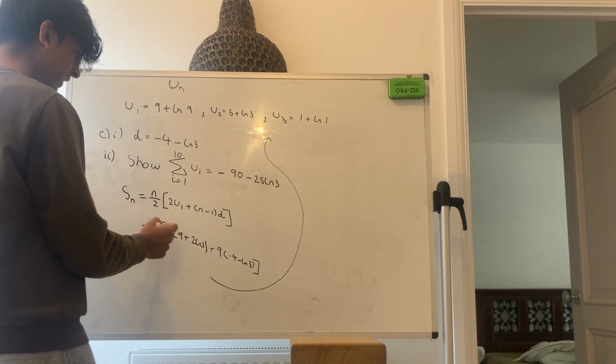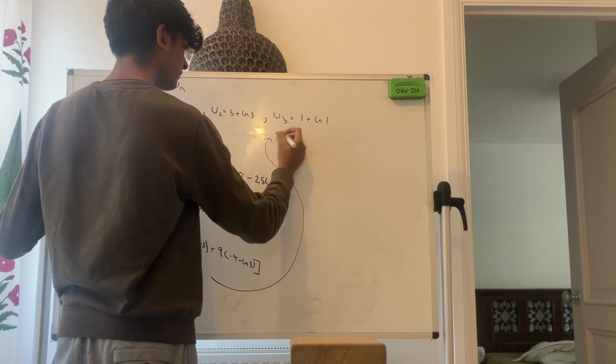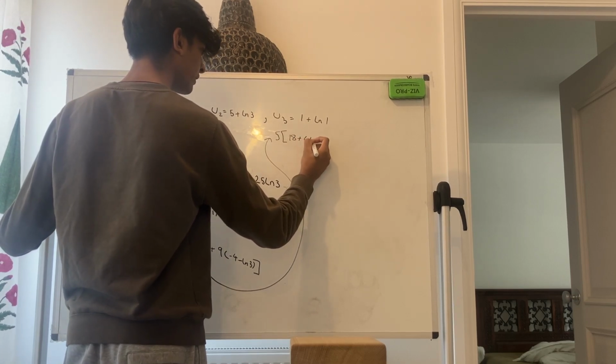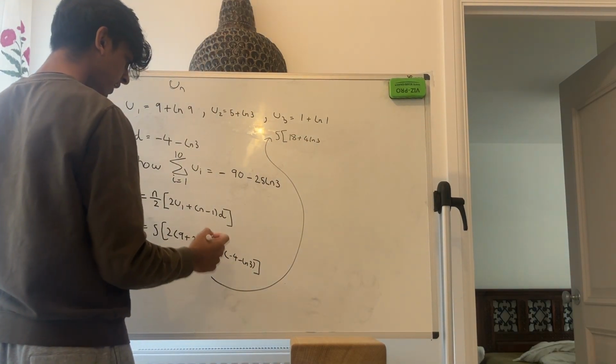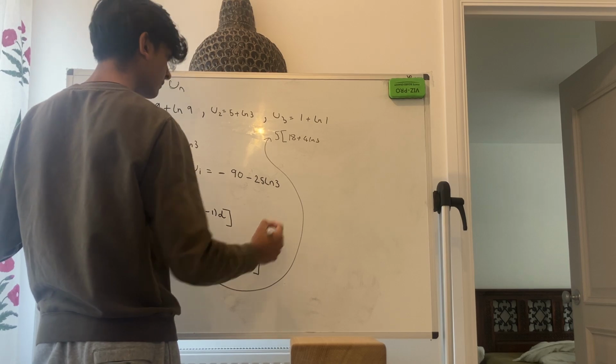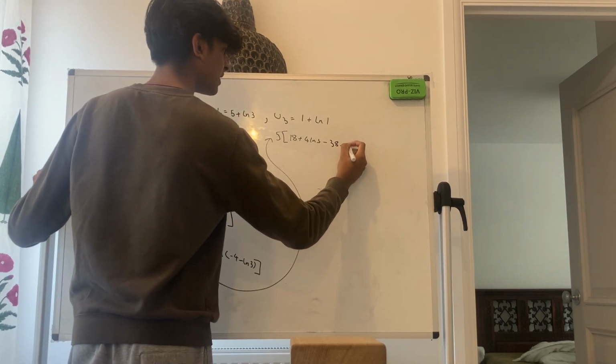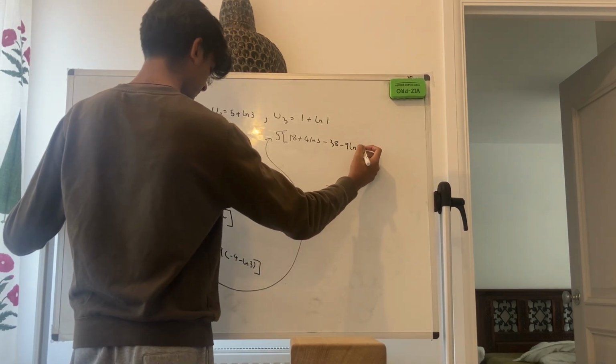This is 5 times 18 plus 4 ln 3, minus 36 minus 9 ln 3.